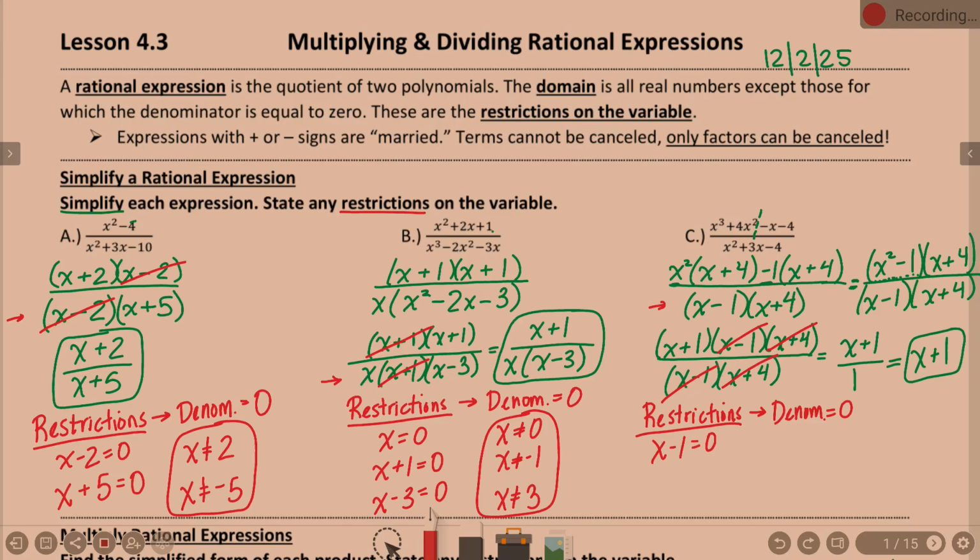X minus 1 equals 0 and x plus 4 equals 0. Solve each of those. If it's x minus 1, you're going to add 1. X cannot equal 1. If it's x plus 4, we're going to subtract 4. And x cannot equal negative 4. So I will say when I get down to the multiplication section, I usually start listing those just as numbers with commas between them. It's not that you have to say x cannot equal every single time.